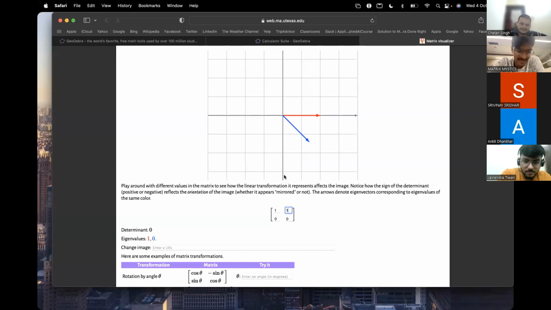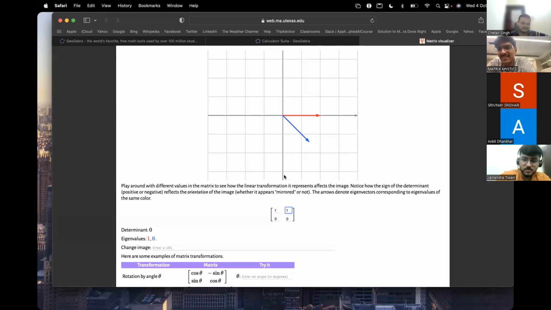We are just altogether dropping a column or a row. If a multiplication results in dropping a complete row or a complete column, in that case also we lost some information which is not recoverable.